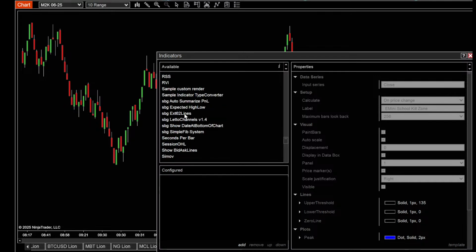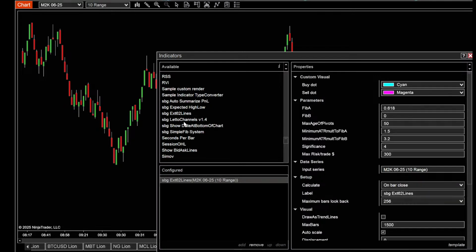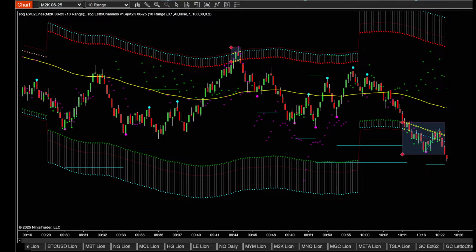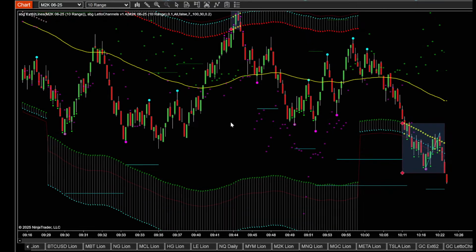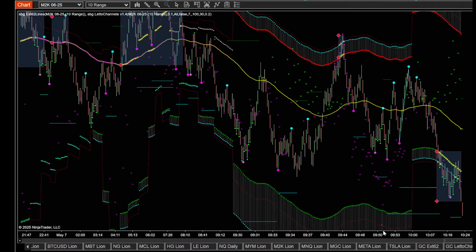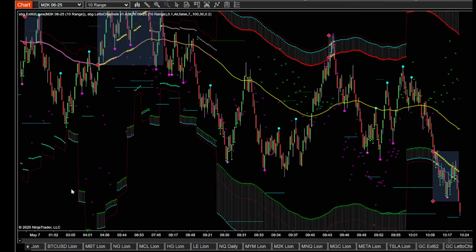I got way too many indicators. All right, so this is what it looks like right off the bat. Yeah, you can run Keltner channels on a non-time-based chart, but if you do that, you'll get this kind of weird choppiness at times prior to the open when there's not a lot happening.